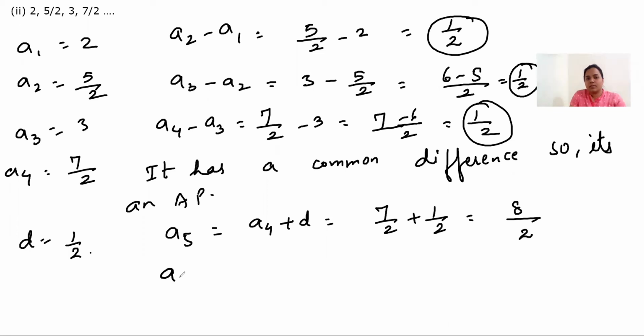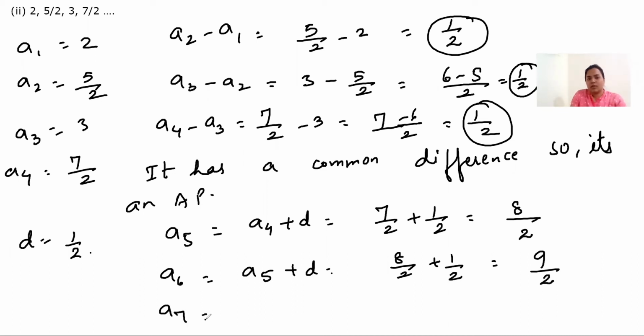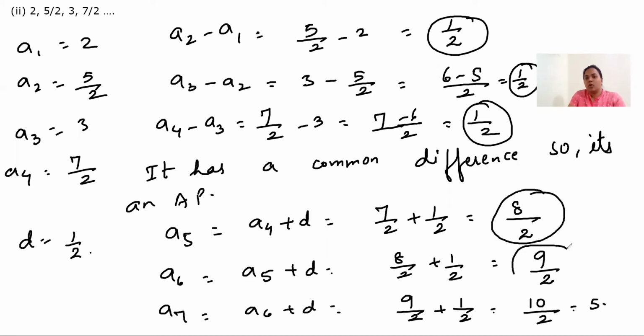Then A6 will be A5 plus D, 8 by 2 plus 1 by 2, that is 9 by 2. Then next A7, A6 plus D, 9 by 2 plus 1 by 2. This is equal to 10 by 2 and this is equal to 5. So 3 more terms are 8 by 2, 9 by 2 and 5.